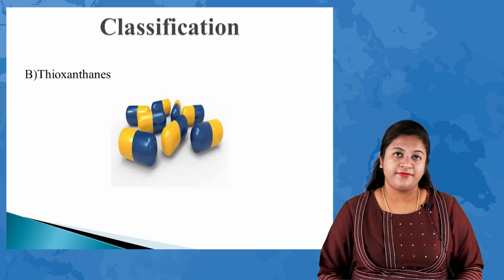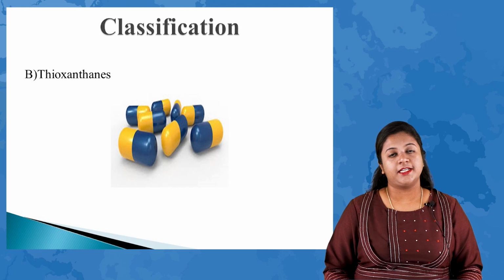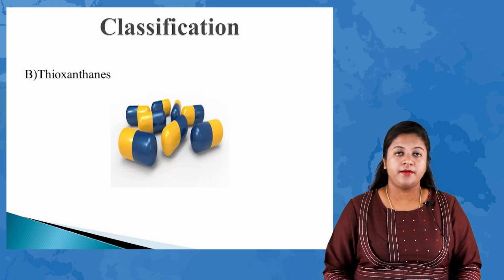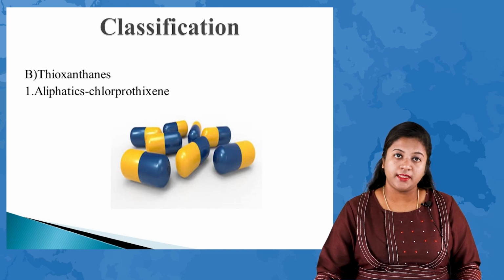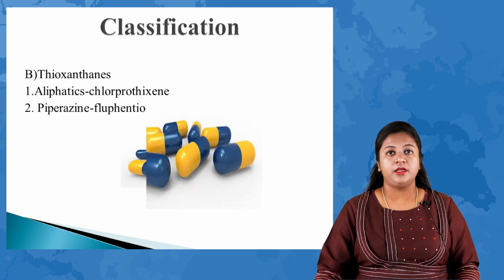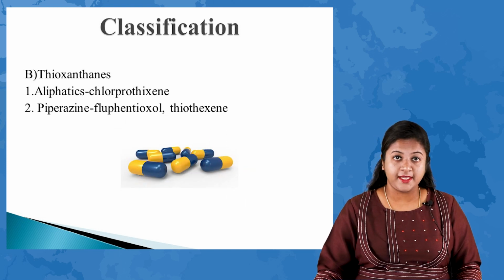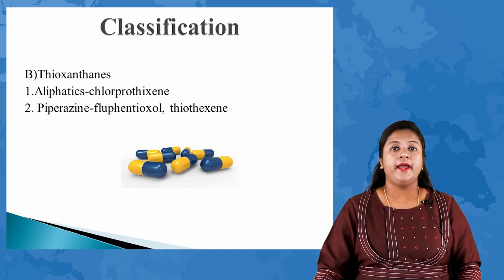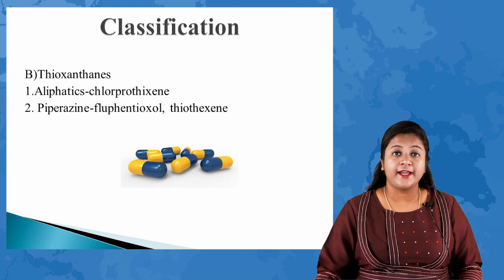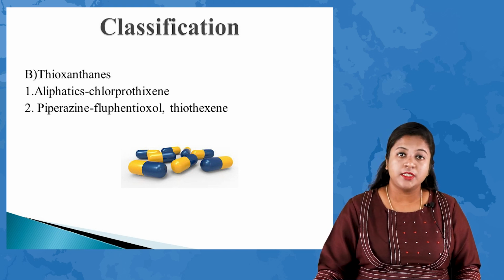The next subclassification of the classical antipsychotics is the thioxanthene group, which again includes aliphatics, example chlorprothixene. The second one is piperazine, example flupentixol and thiothixene.